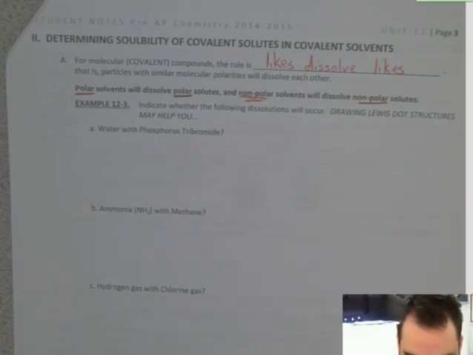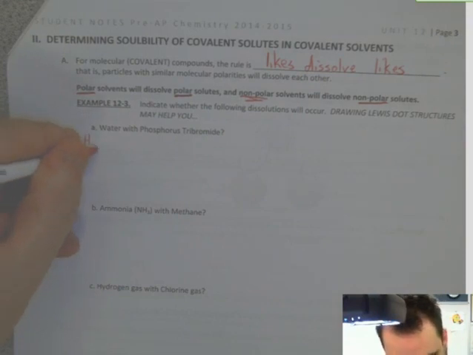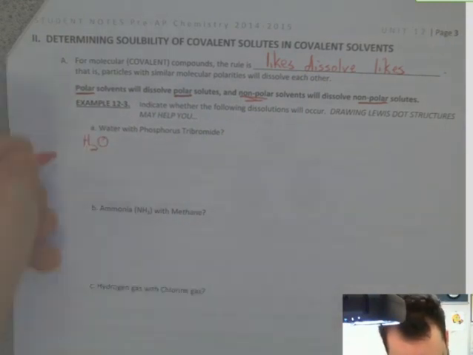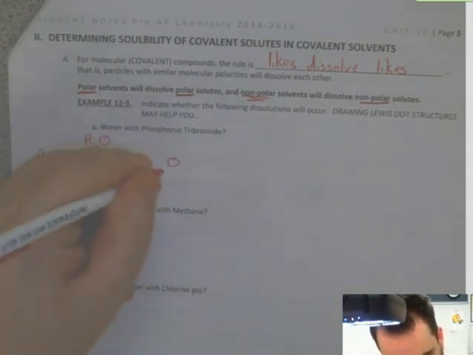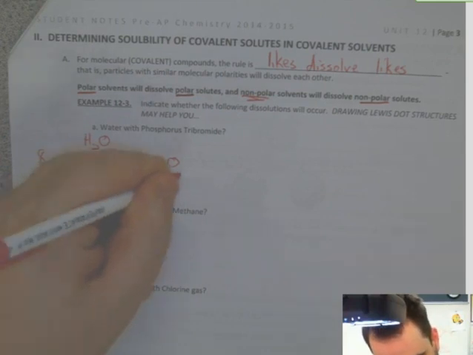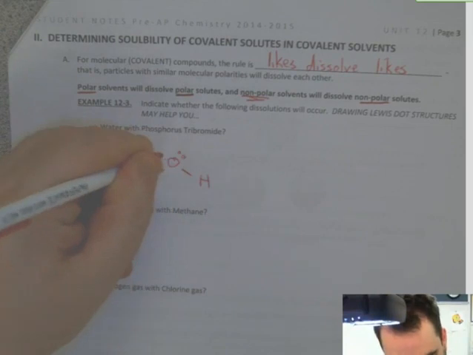So what we have to do here is draw the Lewis dot structures for each one of these. Starting off with example A, we got water, H2O. Hopefully we understand it has 8 valence electrons. So we have an O bonded to an H, that's 2. Bonded to an H, that's 4. 6, 8.